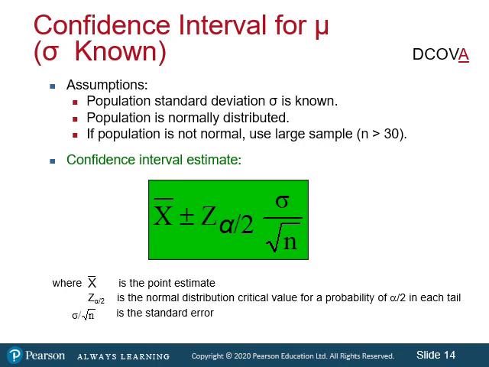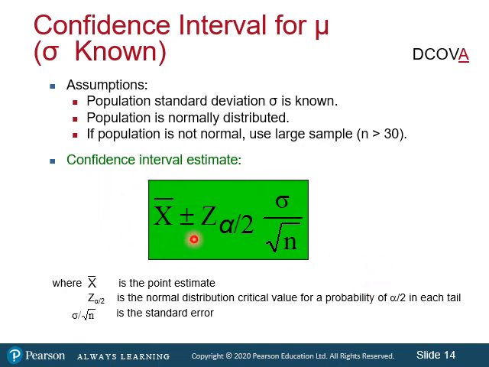To calculate a confidence interval for mu, sigma known, these are some of the assumptions that you need to understand. Number one is the population standard deviation, which is sigma, is known. The population is normally distributed, and if the population is not normal, we can use large samples, n greater than 30.